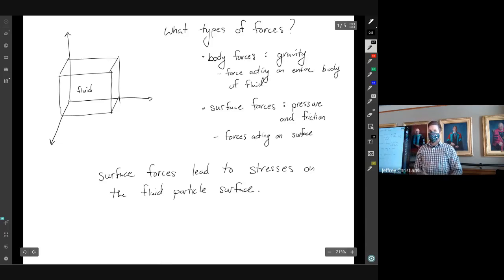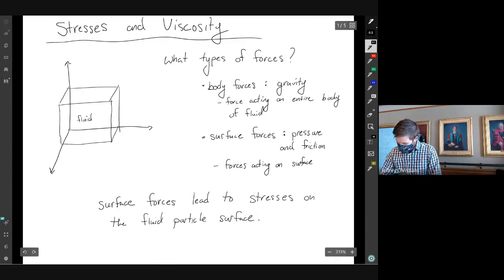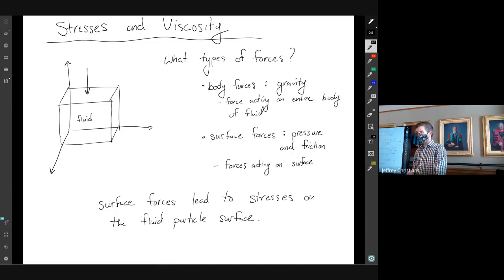Okay, so this is a little weird, but we're going to be thinking of this as a little small chunk of fluid. There are going to be stresses that act on the surfaces of that. So what do those stresses do, and what do they look like? There are two different types of them. There would be something acting, say, in this direction, and that would be creating a compressive stress, or what we call a normal stress.